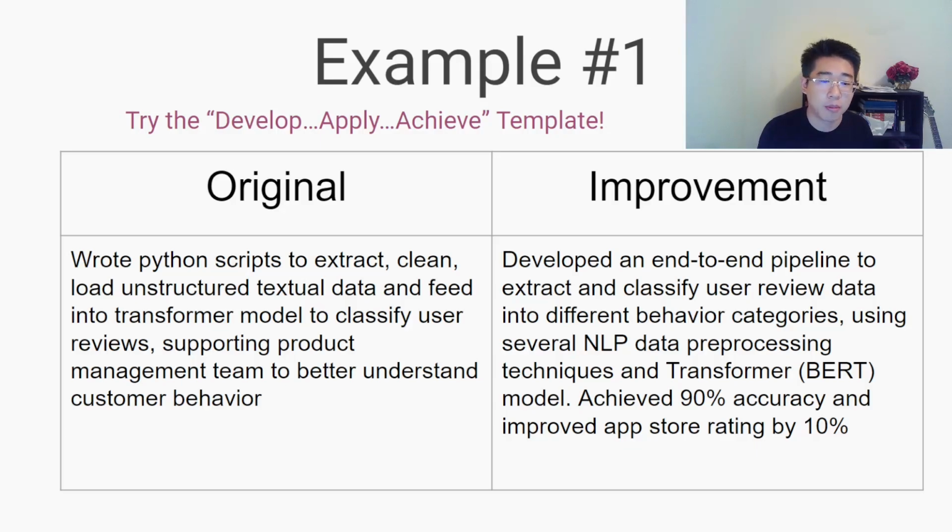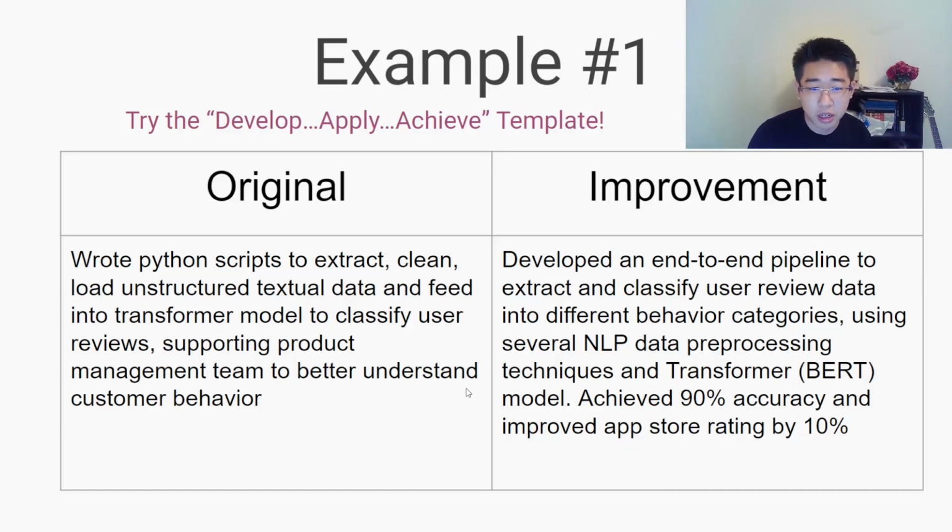And then you said Python scripts. Okay, if you're using a lot of Python scripts to do all these things, it's like an end-to-end pipeline, right? And you can mention that. And it will sound fantastic. So these are some ways that you can look for to add more details and just make your experience sound fancier in a way, or just have more details.